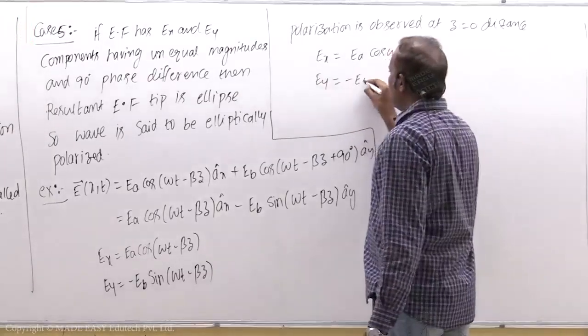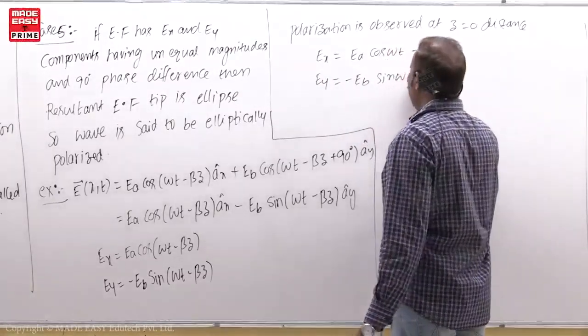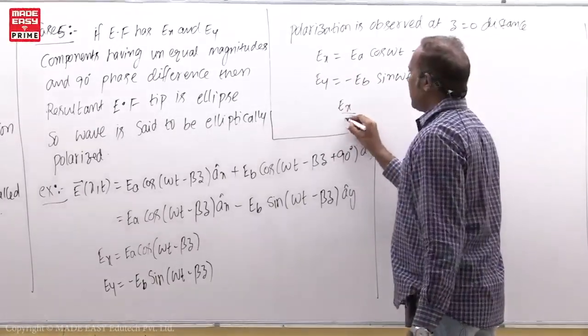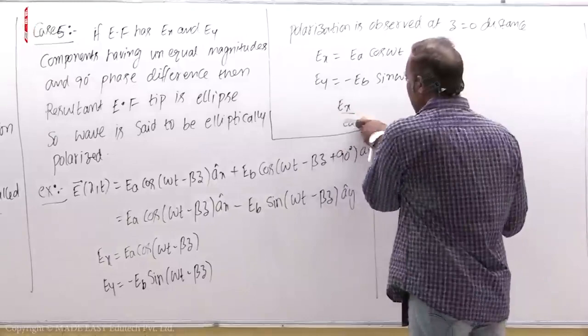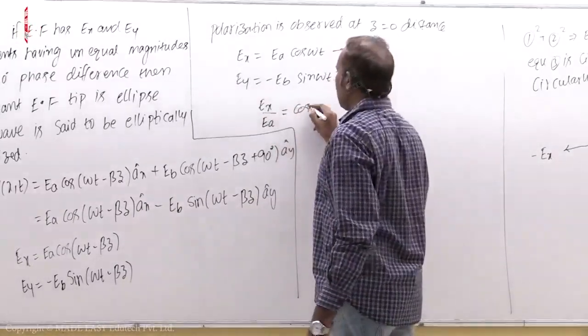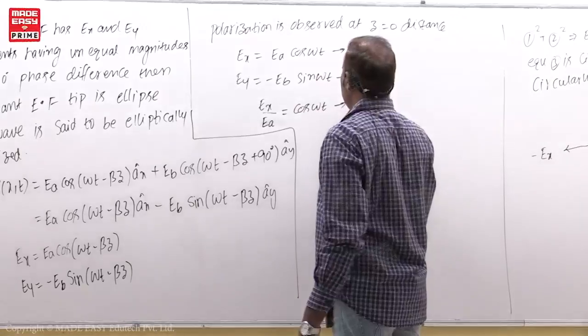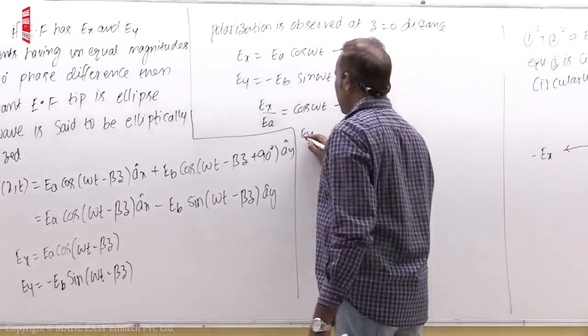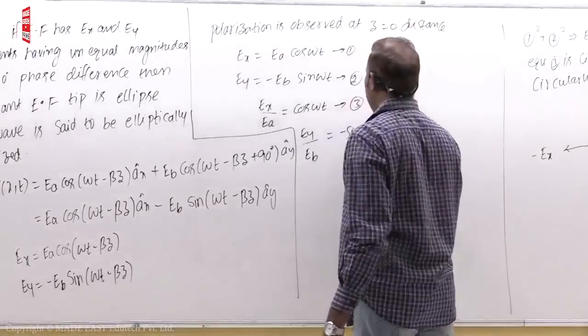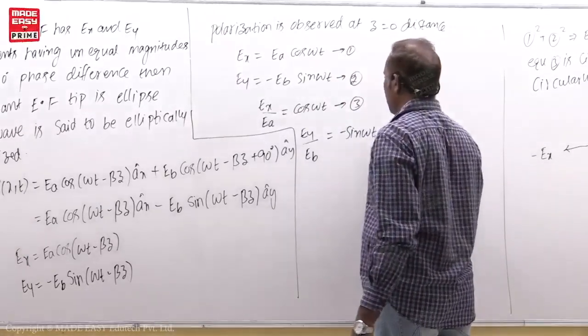Ey becomes minus EB sin omega t, equation 2. So now Ex divided by EA is equal to cos omega t, equation 3, and Ey divided by EB is equal to minus sin omega t, equation 4.